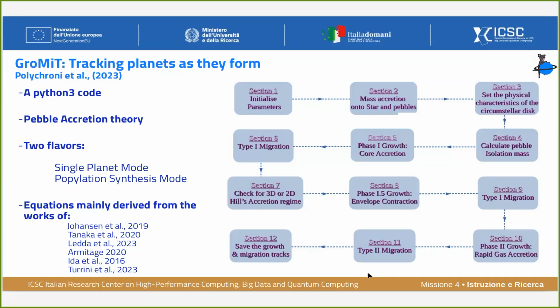It calculates the pebble isolation mass and the gap mass, and it then focuses on the planet: its core accretion, its migration, then the envelope contraction, and then it goes to the rapid gas accretion and type 2 migration, and it gives us the result. This is the single planet track mode.